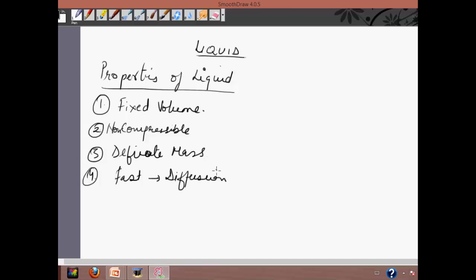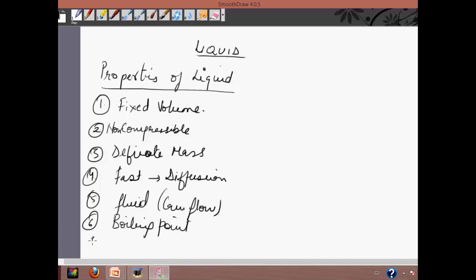Fifth, they are fluid, that is, they can flow easily. Sixth, they have a fixed boiling point. Seventh, they have a fixed density.